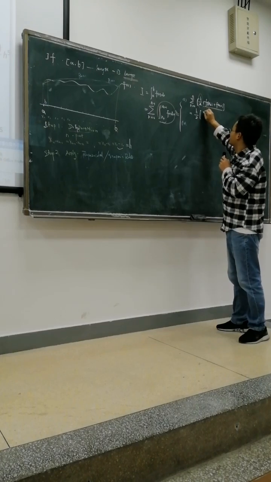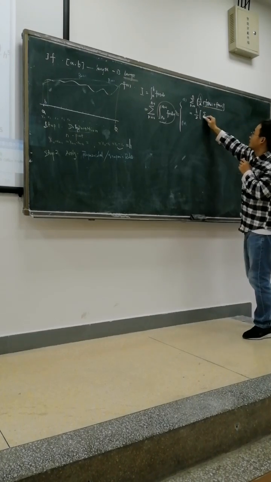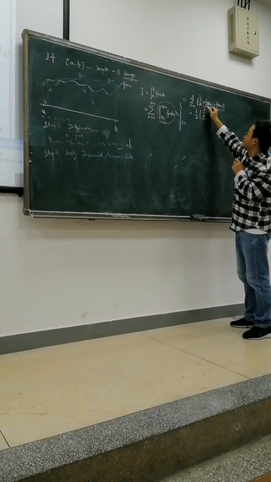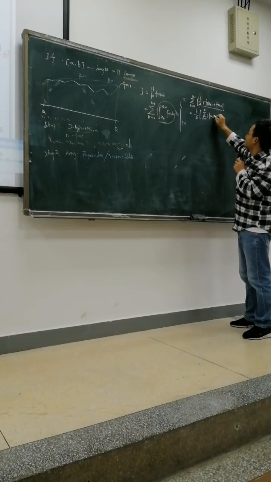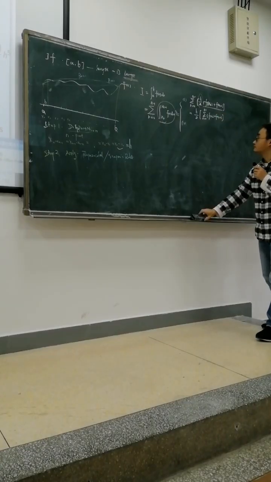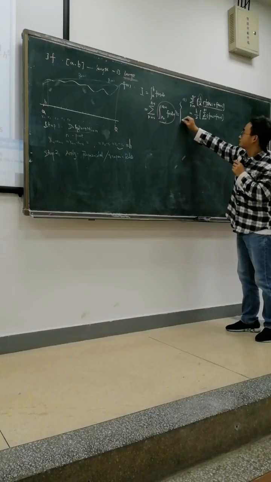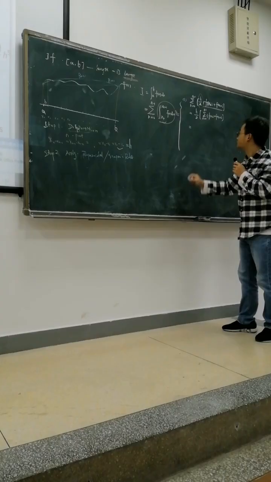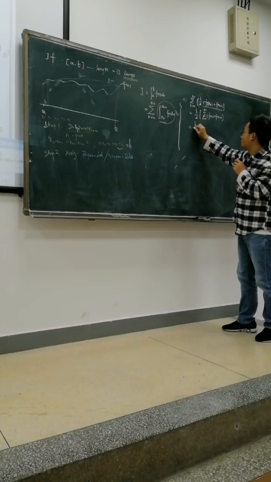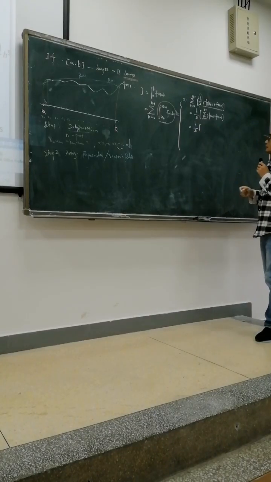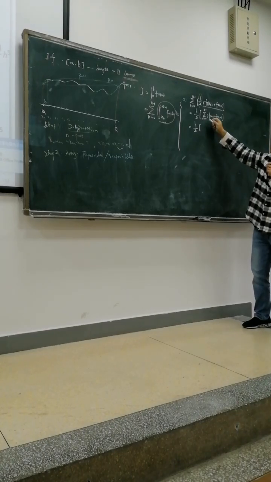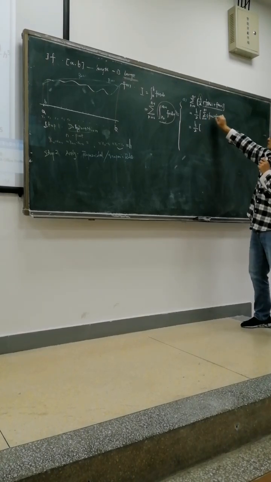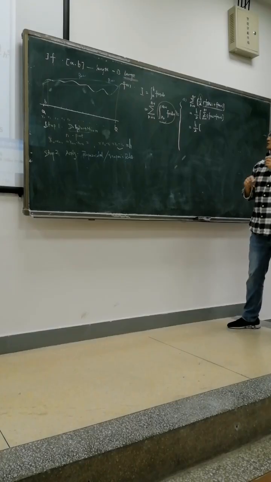Now, the summation, k equals 0 to n minus 1, of f of xk plus f of x_{k+1}, times h over 2. Let's write this summation step by step.